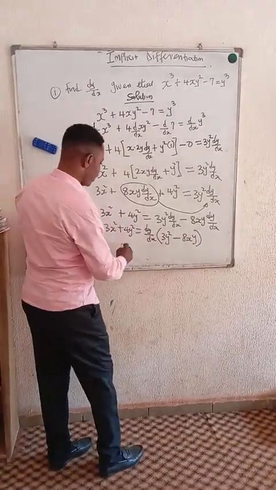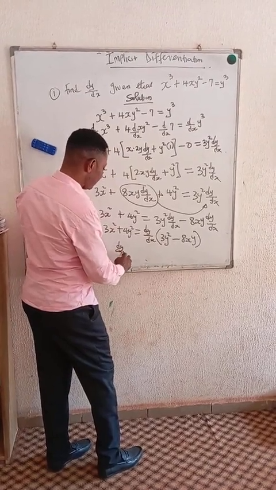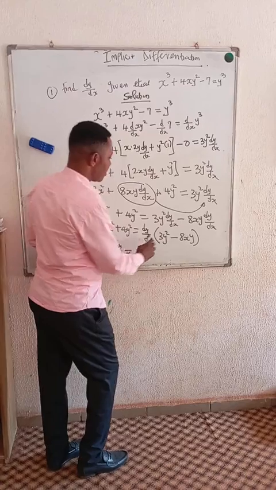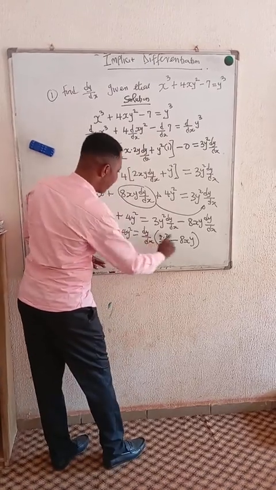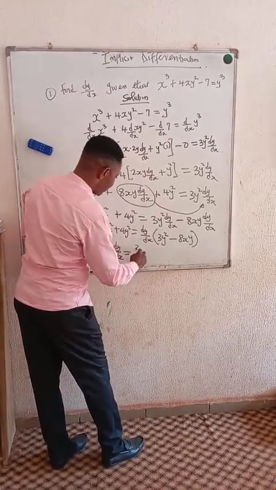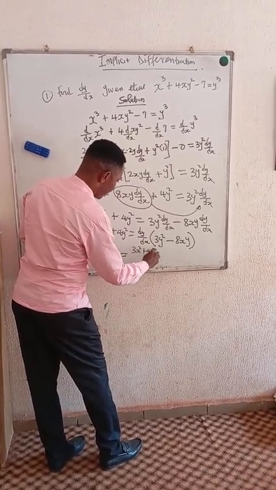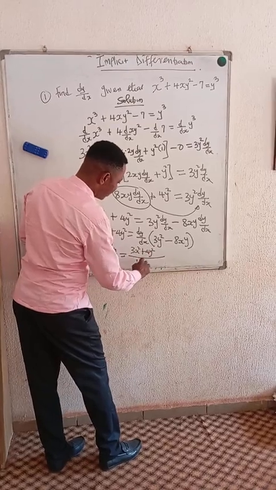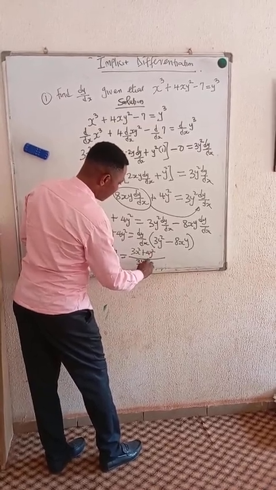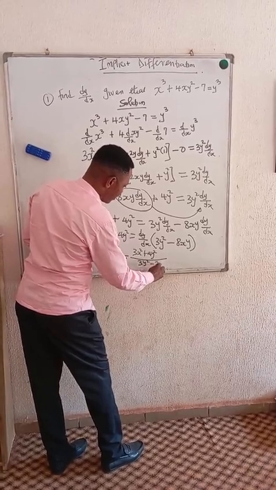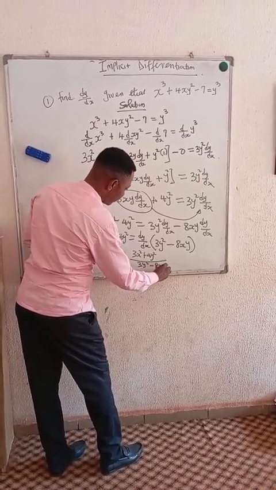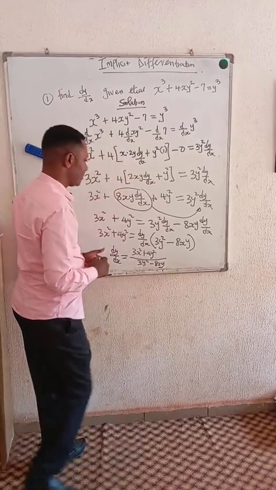We make dy/dx the subject of the formula by dividing both sides by the coefficient of dy/dx. So my dy/dx will be equal to 3x squared plus 4y squared all over 3y squared minus 8xy.